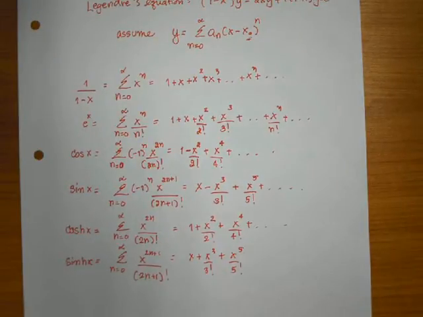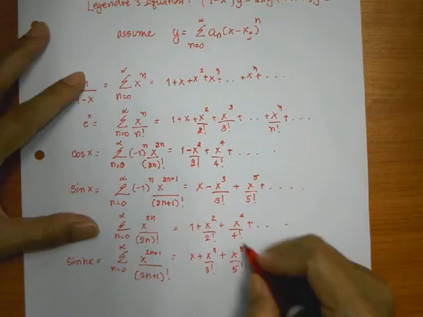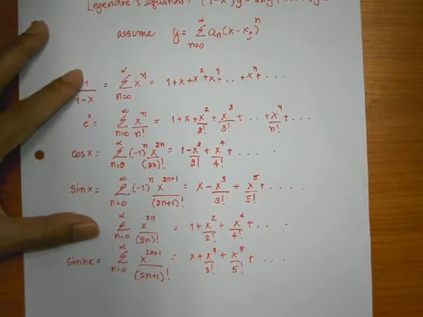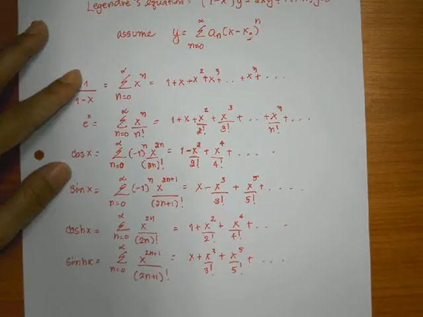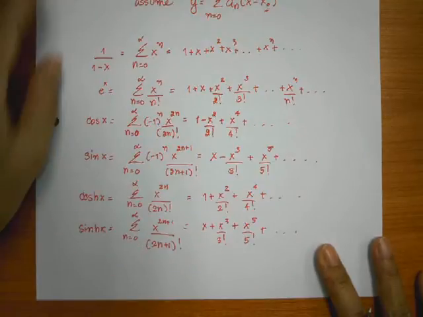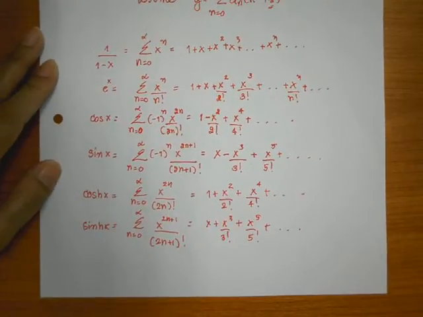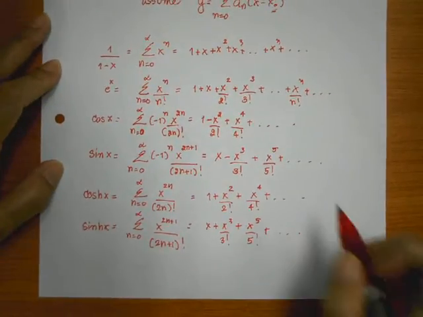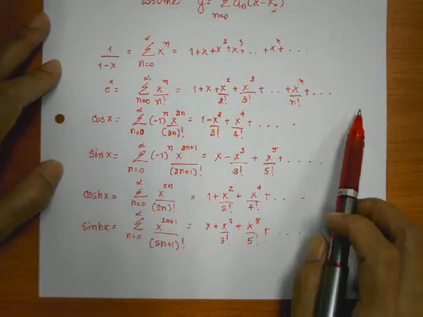There are so many that you have to know. But sometimes you might end up with some function that you wouldn't know what it is. In that case, if we can't arrange it in terms of any known function, then you can put it as the power series like this.